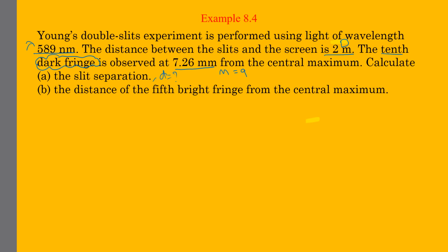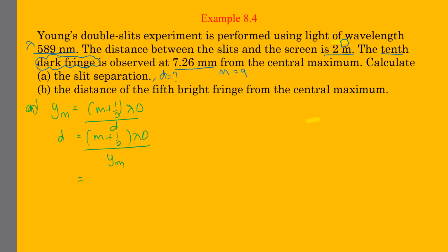Okay, so A, to calculate the slit separation, we have to use the formula ym is equal to (m plus half) lambda D over d, dark fringe, destructive interference. So slit separation d is equal to (m plus half) lambda D over ym.